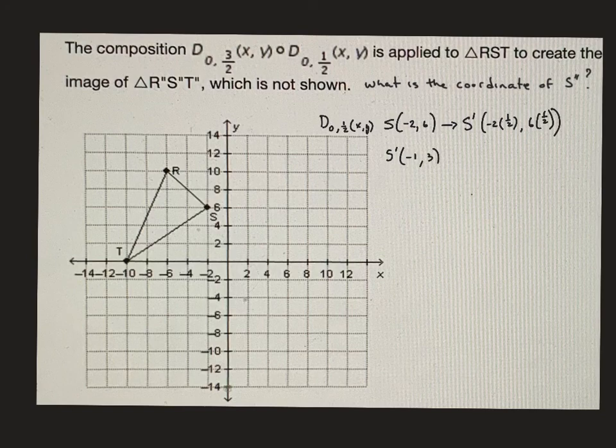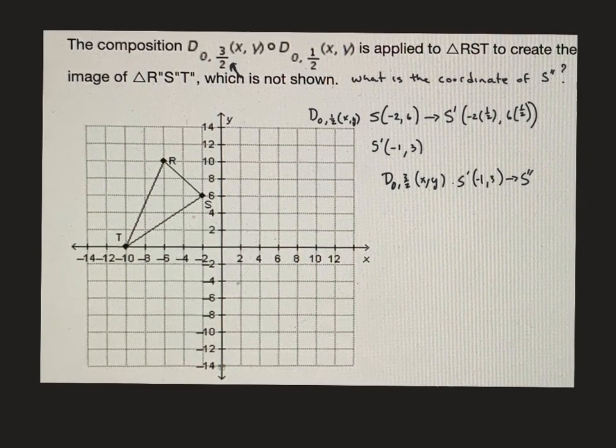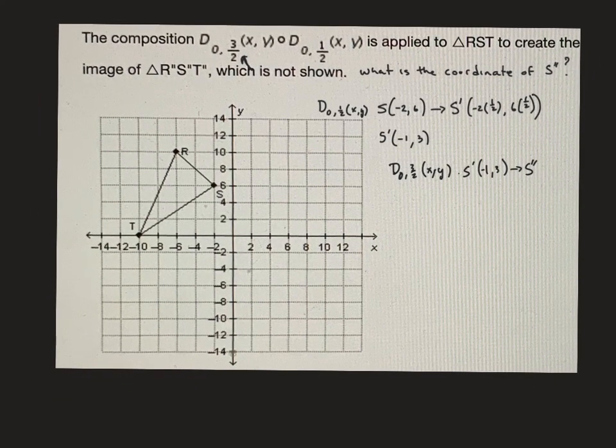Now we want to transform that again with the second transformation, around the origin, transforming the (x, y). So we have S' is going to be (-1, 3), sorry, and it is going to transform to S'' here.